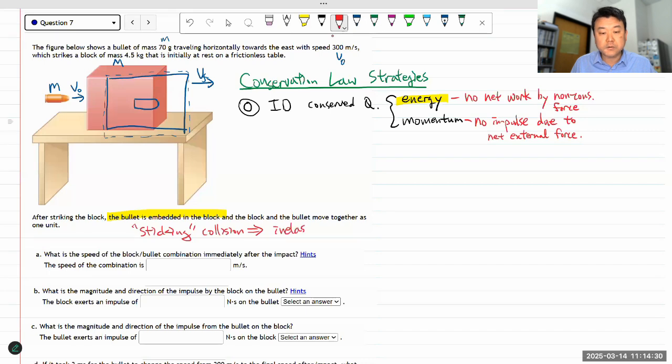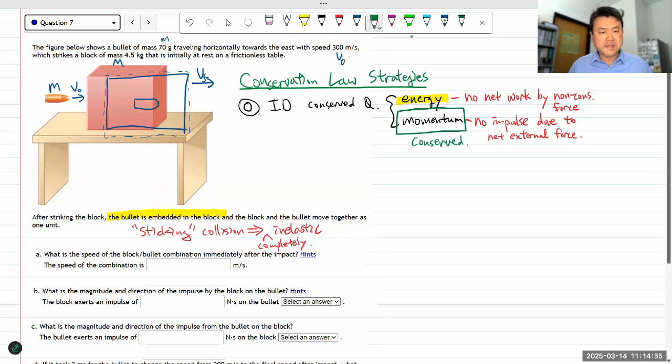It's an inelastic collision. In fact, it's what we call a completely inelastic collision, in the sense that it loses as much kinetic energy as possible. So if you remind yourself of all this, then what you should realize is that in this question, only momentum is conserved, assuming no net external force.